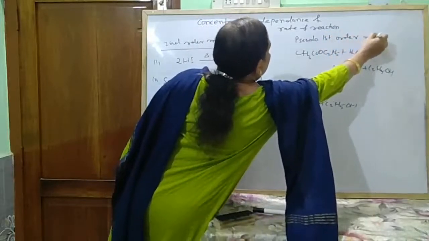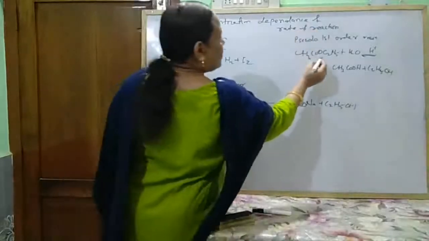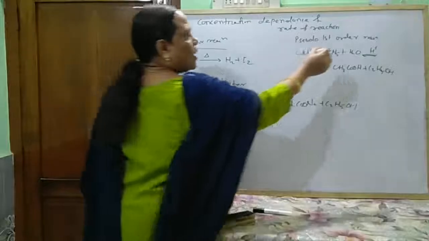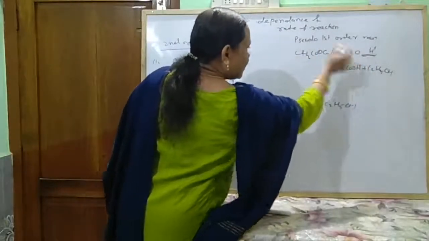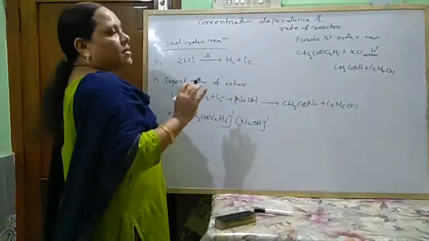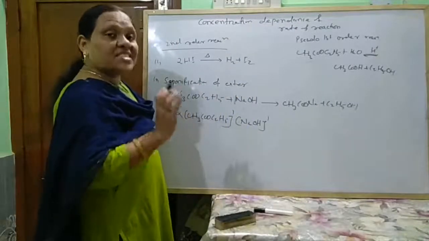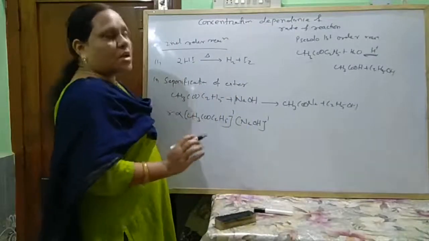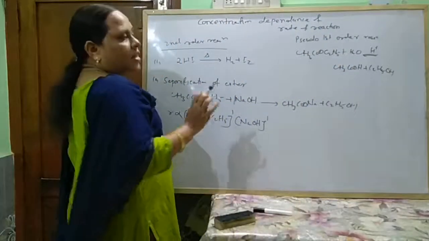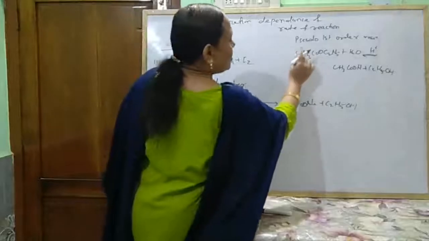Actually here there are two reactants, one is the ester and the other is water, but water is taken in large excess, so the concentration of water does not change during the reaction. In this way, the order of reaction is 1.